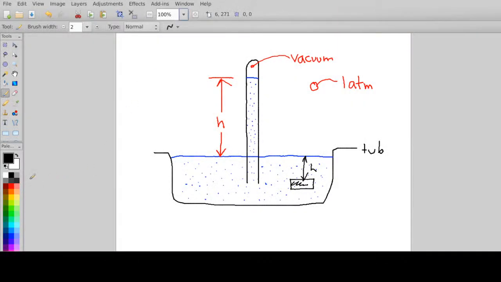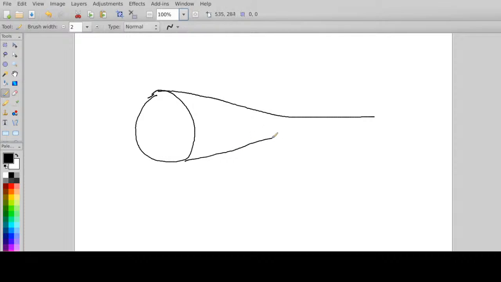Let me switch to this and create a new whiteboard. Here's the 5 centimeter end of the tube, and it narrows down like this to 1.5 centimeters here. It's filled with an incompressible fluid.